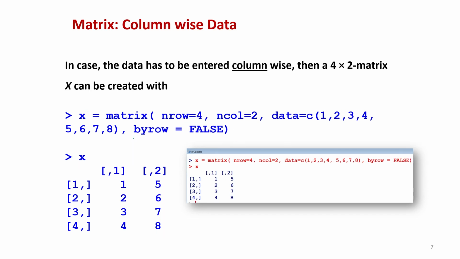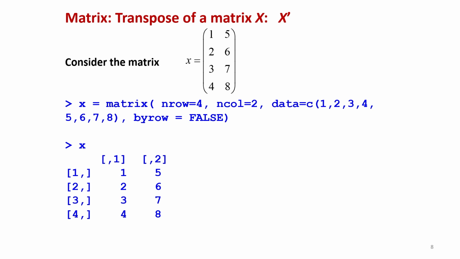And if I use by row equal to false in the same command, then you get the same data which we entered: 1, then 2, then 3, then 4, then 5, then 6, then 7, and then 8. So by row equal to false is the default option. Even if you don't write it, it will not make any difference. But if you want to enter the data row wise, then you have to write by row is equal to true. This is what I wanted to show you here, right?